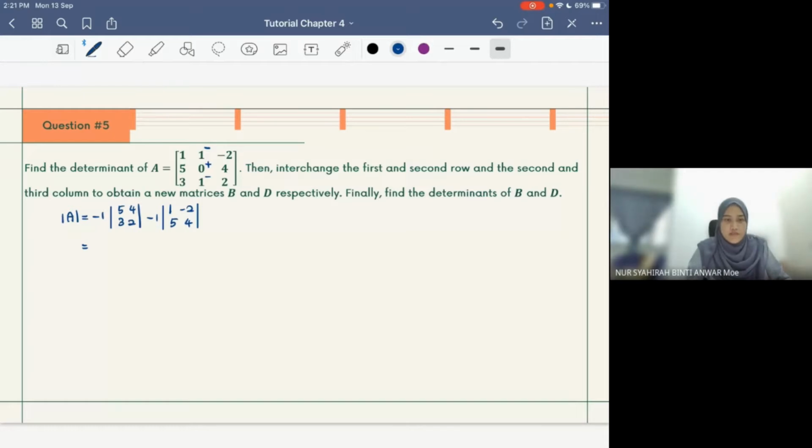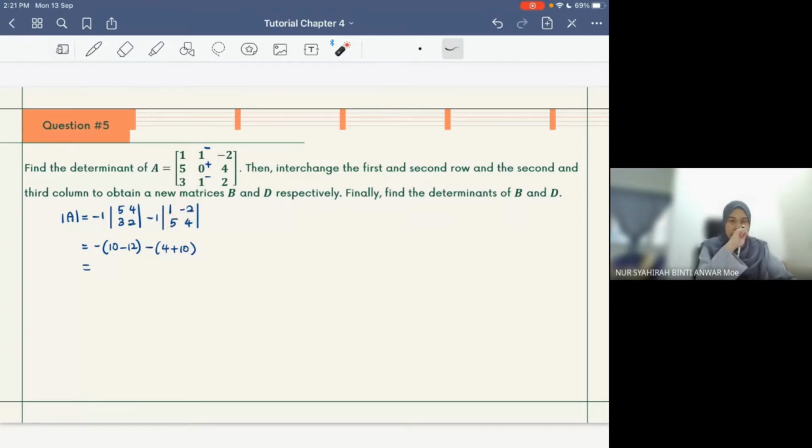Okay, so here apa kita punya jawapan dekat sini negative of 10 tolak 12 minus with 4 plus 10. Kenapa plus 10? Sebab negatif darabkan dengan negative 10 kita akan dapat positive 10 lah.